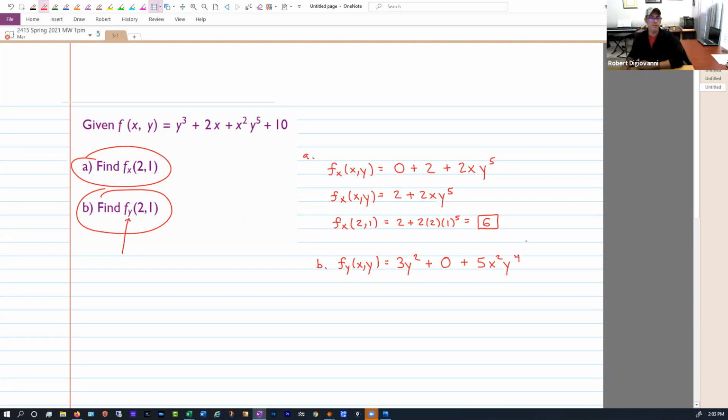Perfect. Everyone see that? So just ignoring the x squared, letting it come for the ride, taking the derivative of y to the 5th, the 5 comes out, we reduce the power by 1. That's it. And then finally, plus the derivative of 10, which is still 0. Derivative of a constant will always be 0, so we don't ever have to worry about that changing.